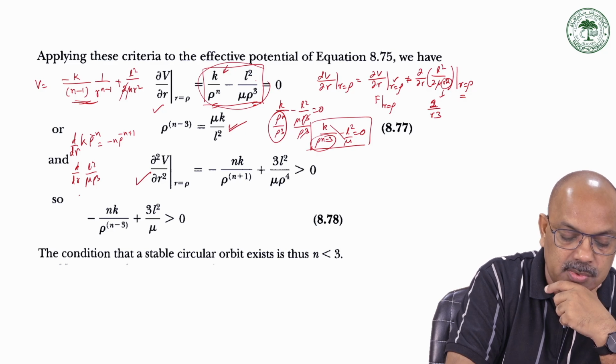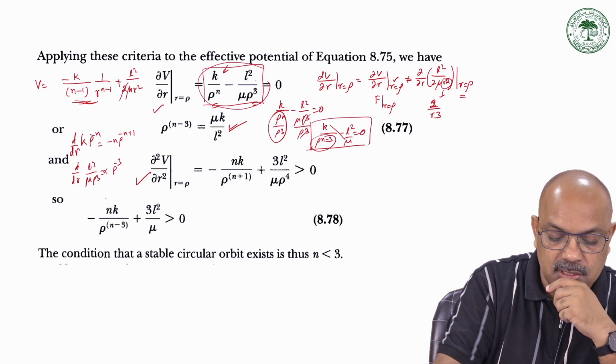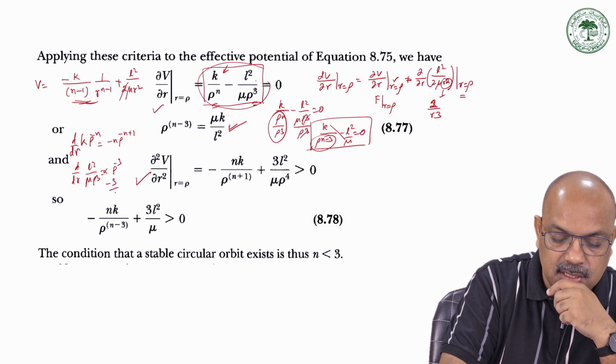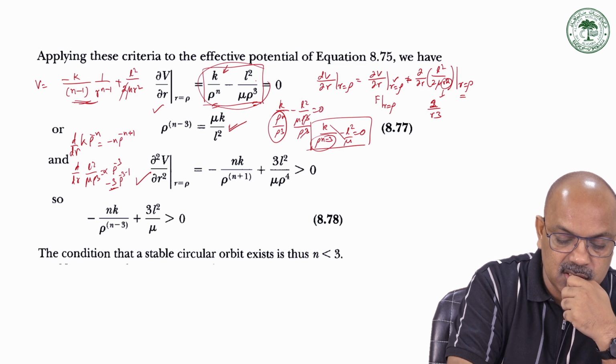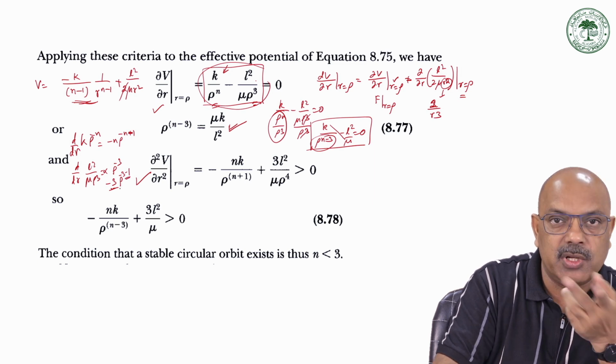This is proportional to rho to the power minus 3, because d dr of rho minus 3, where r is rho, is going to be minus 3 rho to the power minus 3 minus 1, which is minus 4.